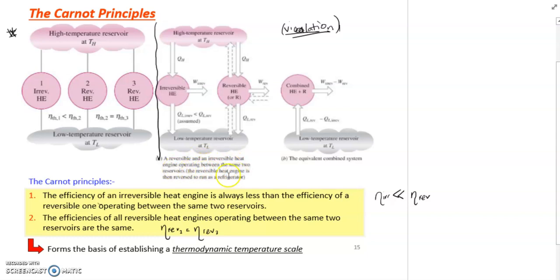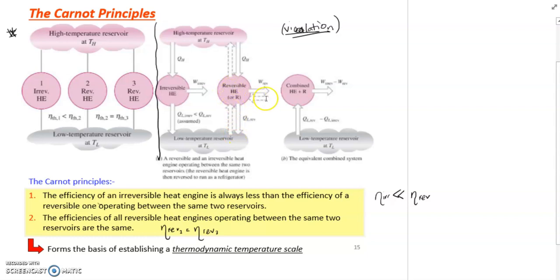The reversible heat engine is then reversed to run as a refrigerator. So you can remember that if it's reversible, it can be both a heat engine and a refrigerator.